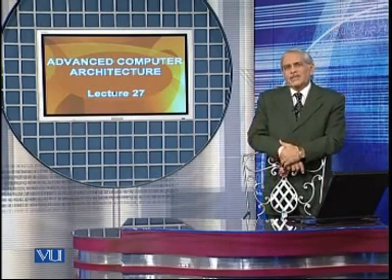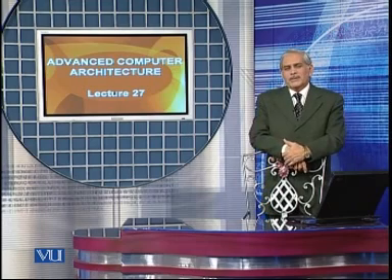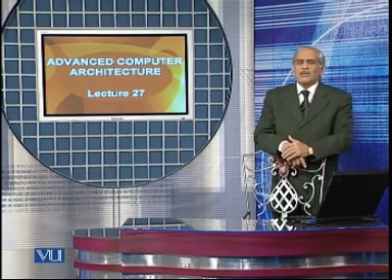Secondly, we discussed the principle of locality, which states that to obtain data or instructions of a program, the processor accesses a relatively small portion of the address space at any instant of time.